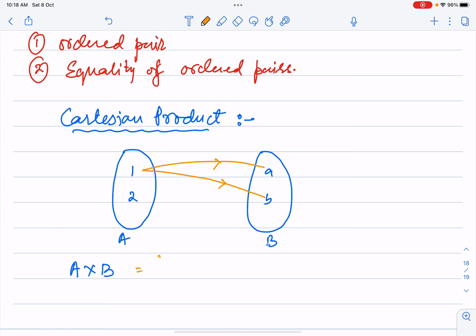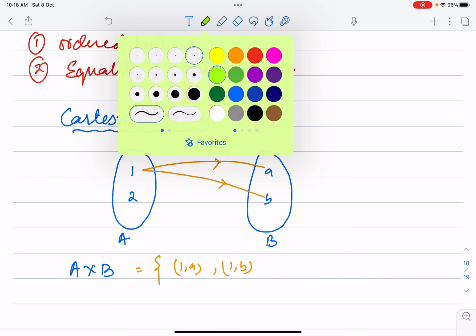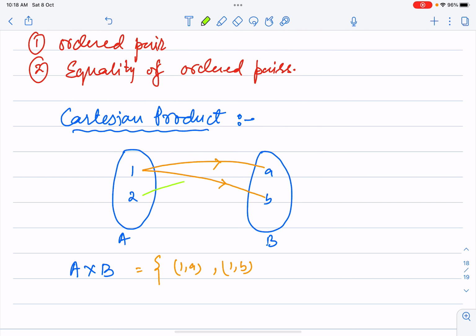So the ordered pair can be written as 1 comma a, 1 comma b. Similarly, the 2 can go to a or 2 to b. So this is 2 comma a, 2 comma b. So this set of all ordered pairs is known as Cartesian product.